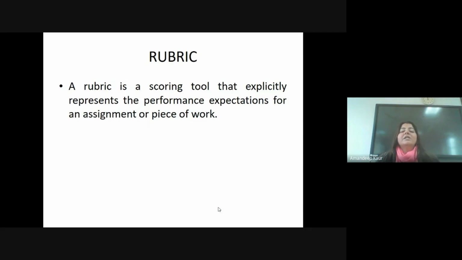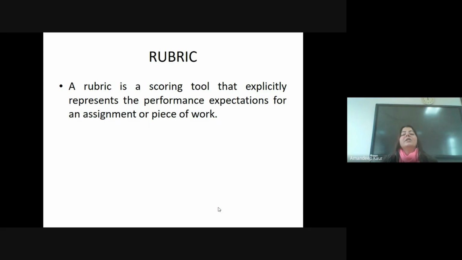So for a written assignment activity, I may call for the similarity index report also from my student. So for a written assignment, these are the expectations, and these expectations we are going to convey to our student before assigning any activity to them. So a rubric is a scoring tool that explicitly represents the performance expectations for an assignment or for a piece of work.